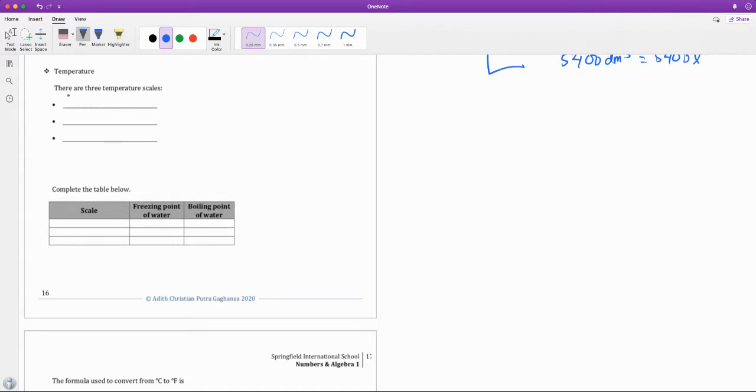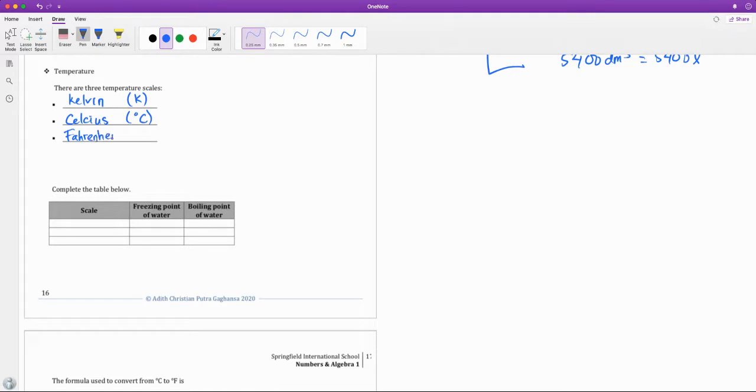The first one is Kelvin. The second one, which is used in Indonesia and internationally, is Celsius. The unit is degree Celsius.